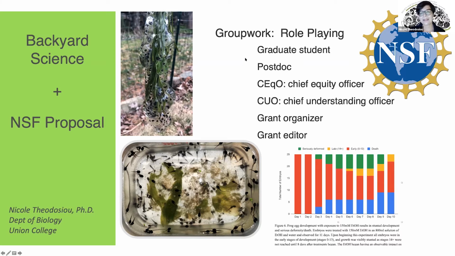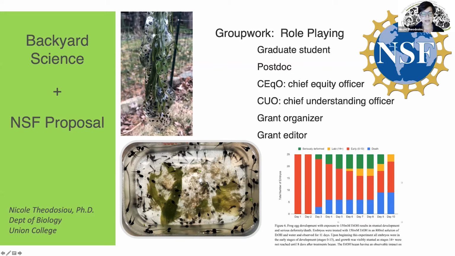Then they had to do a literature search on that teratogen, and they had to design an experiment. The graduate student had to execute the experiment, collect the data, and then hand it off to the postdoc for analysis. In this way, every student had a very distinct role to play in this big project.